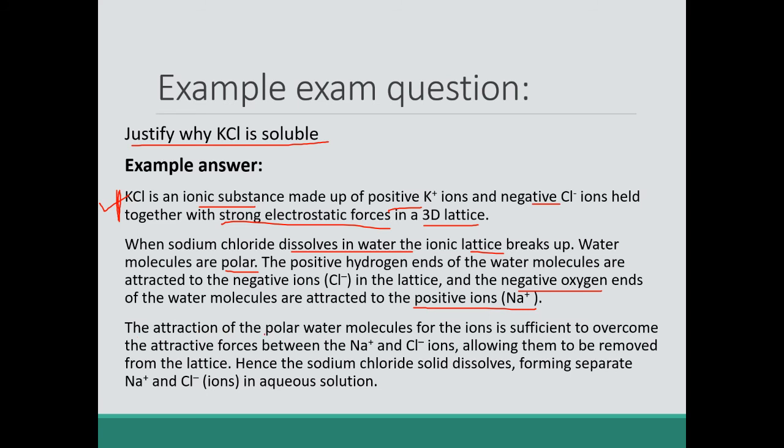And the attraction of the polar water molecules for the ions is sufficient to overcome the attractive forces between the sodium and the chloride ions, allowing them to be removed from the lattice. Hence, so that's all because. These are the kind of words you need to use to justify, to give the reasons. The sodium chloride solid dissolves, forming separate sodium and chloride ions in an aqueous solution. That just means in a water solution.